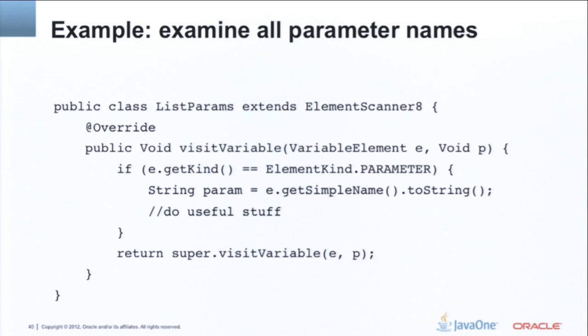Is this a parameter? If so, take the parameter name and store it, in my case, in a map with the class file name, and go on, basically. And then I just ran this using the annotation processing plugin on the entire JDK source base. It was actually really easy.